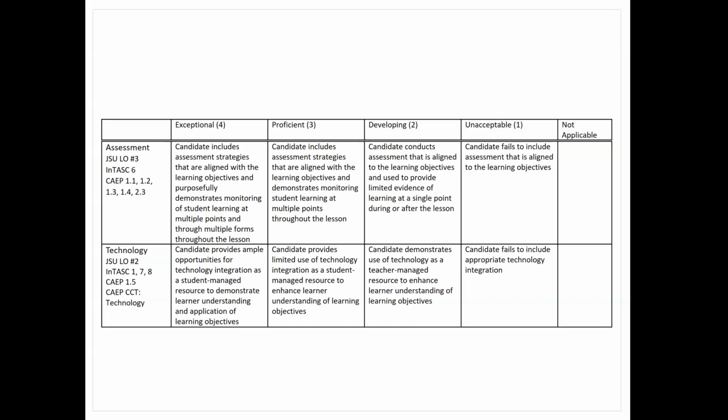So it is expected that all of these things should be included with every lesson, but once in a while, for example, technology, there may not be access to technology, or the lesson may not be appropriate for technology. In those cases, the not applicable selection would be appropriate.